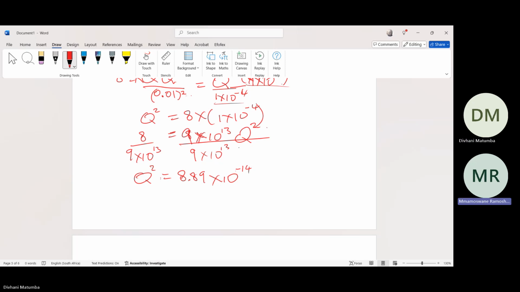And our answer is going to be 2.98 times 10 to the power negative 7. Okay, so you're saying Q is, you applied the square root, right? Yes. It's going to be 2.98 times 10 to the power negative 7.